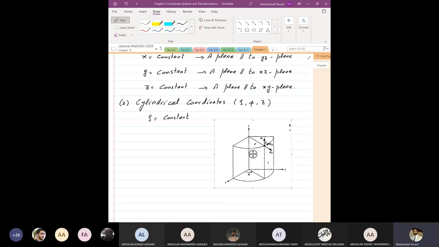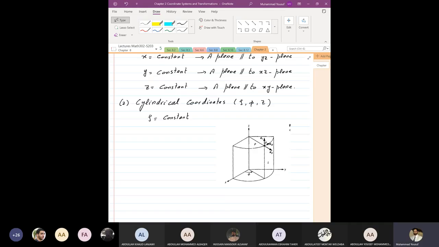Distance of point P from the z-axis is fixed. Now theta, phi is changing, so we can go all around this z-axis when phi is changing. Z is changing, we can go up and down.